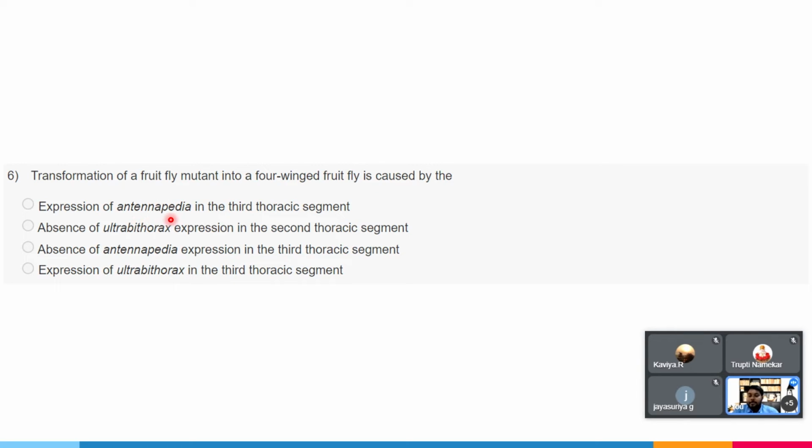The options are: expression of Antennapedia in the third thoracic segment, absence of Ultrabithorax expression in the second thoracic segment, absence of Antennapedia expression in the third thoracic segment, and expression of Ultrabithorax in the third thoracic segment.